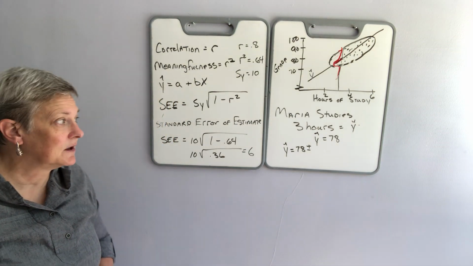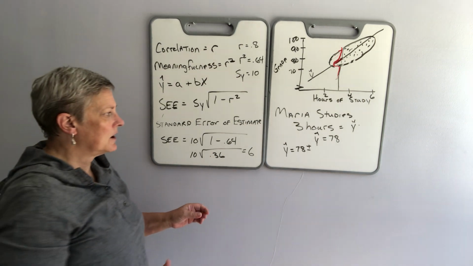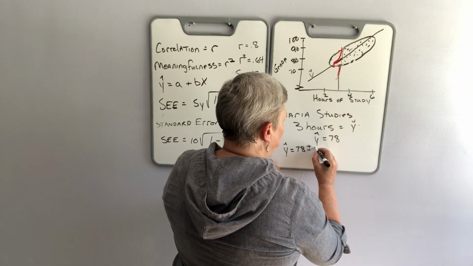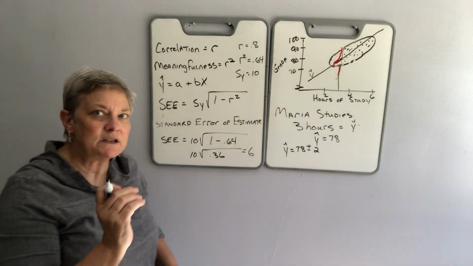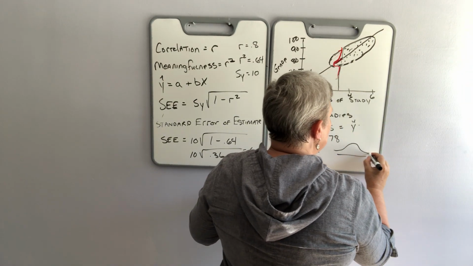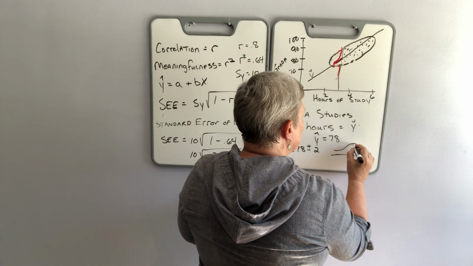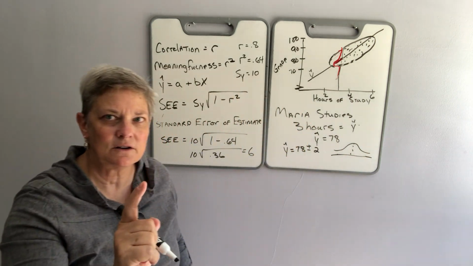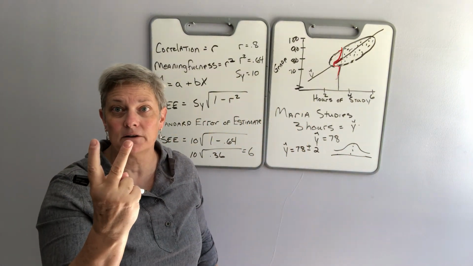Plus or minus. Now here comes the tricky part. We're going to put a 2 in there. The reason we put a 2 in there is because if I want to be 95% confident of something, that's not 1 standard deviation, that's 2 standard deviations.